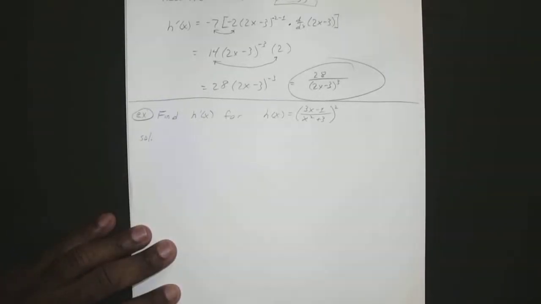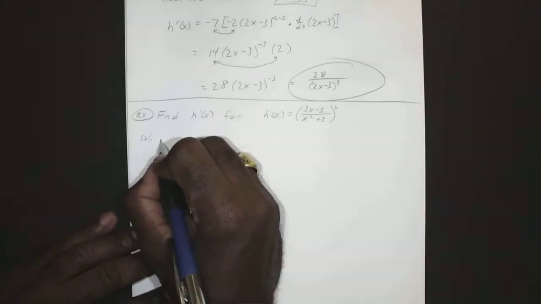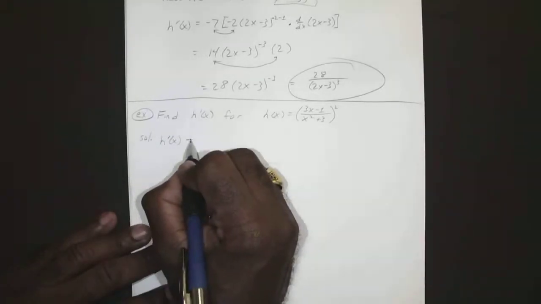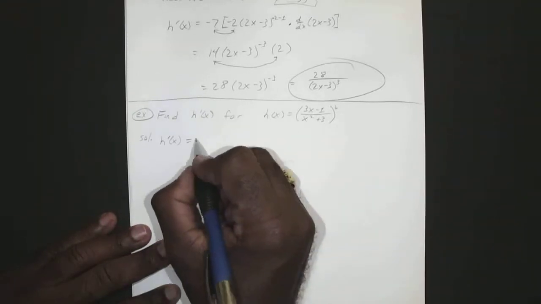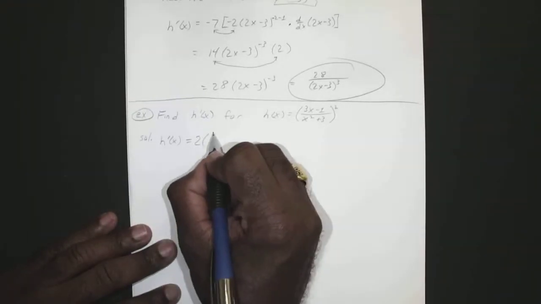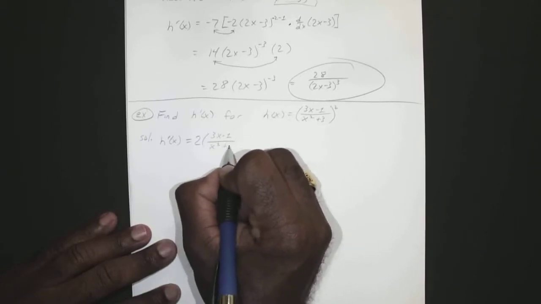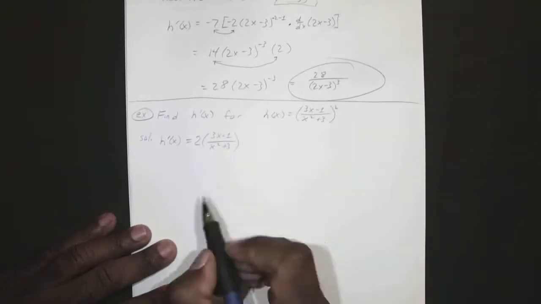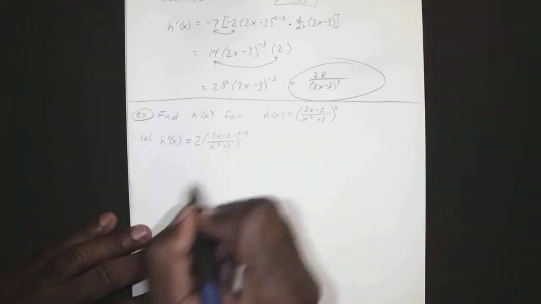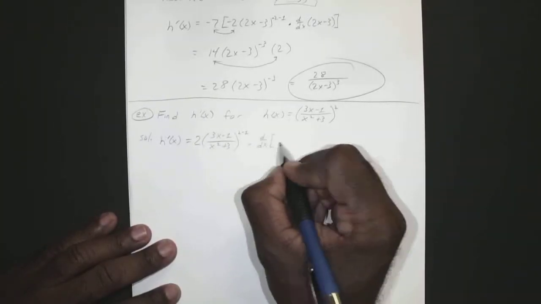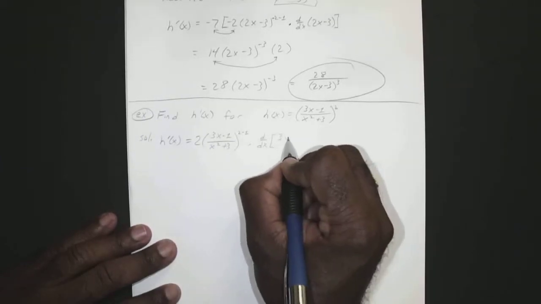For this one, we're going to use our chain rule. So we're going to bring down our 2 times (3x minus 1) over (x squared plus 3), and we're going to subtract 1, times the derivative of what's inside.